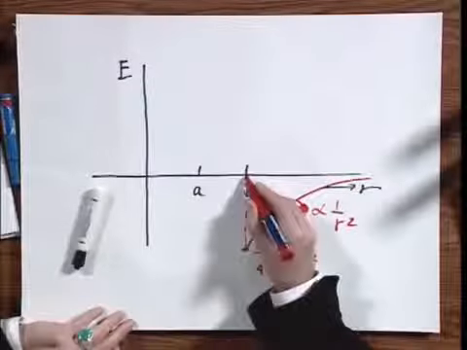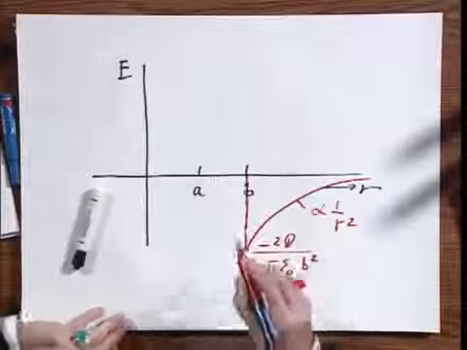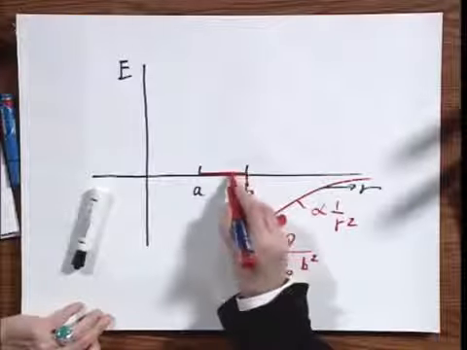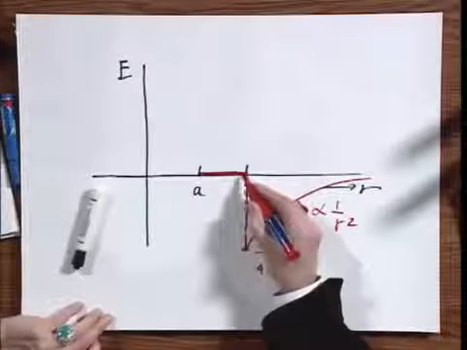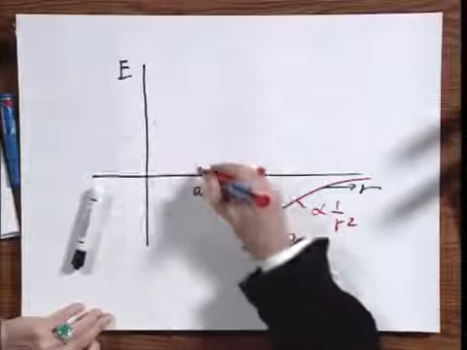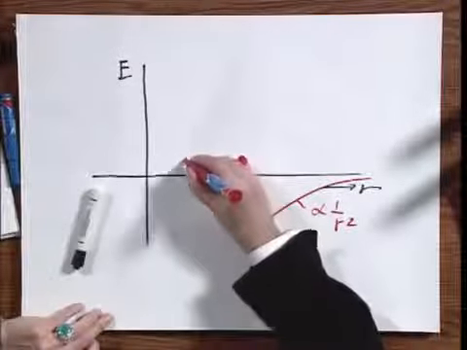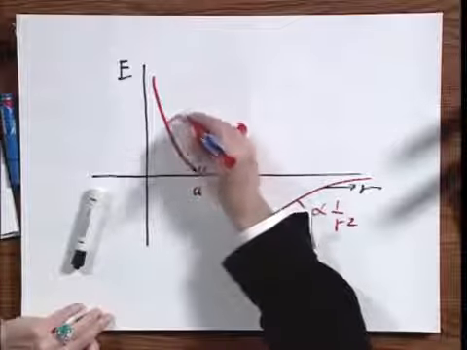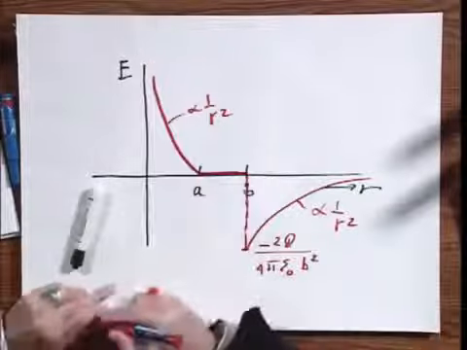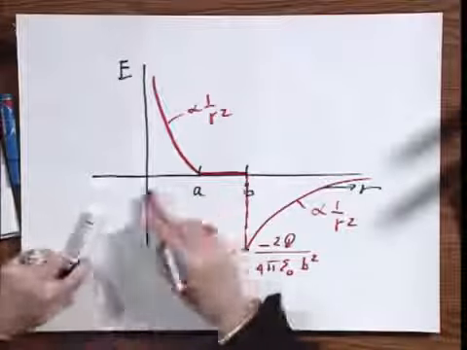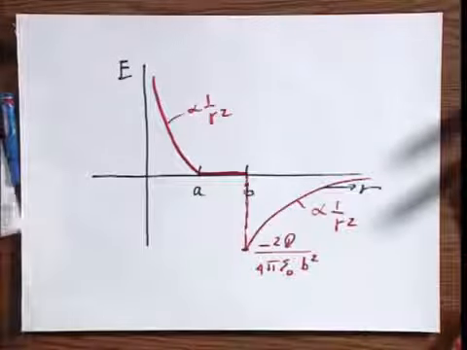Then inside the shell, inside the metal, there cannot be any E field, so it drops to 0. There's a discontinuity here. And then inside the cavity, it increases as 1 over R squared, and it goes to infinity for R equals 0.